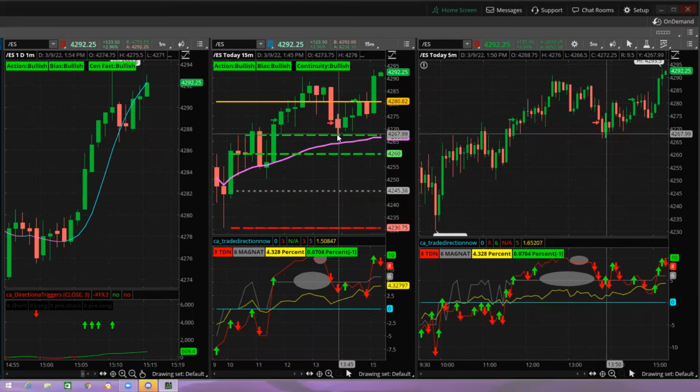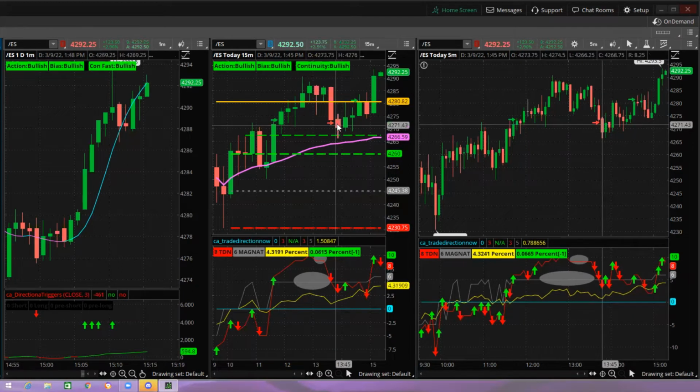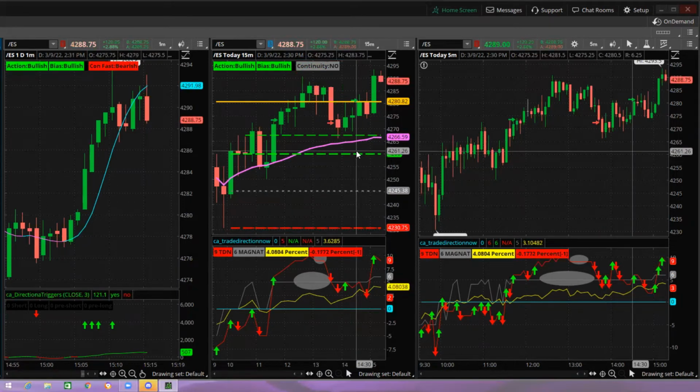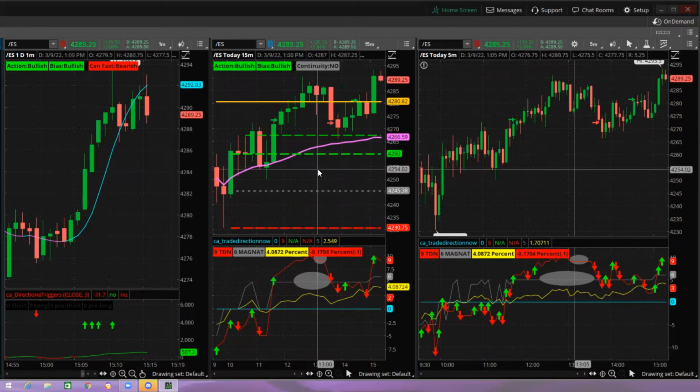There was definitely enough room, 71 all the way to 67. So there's 4 points in there. If a person was tight with their stop, then you definitely could trade that and even be successful. The thing we have to kind of recognize with this is, are we going sideways? Is it a sideways day or a strong trending day?